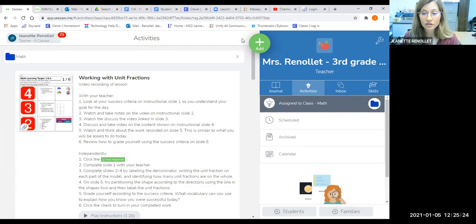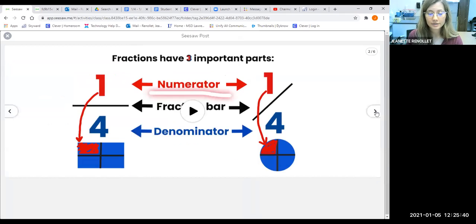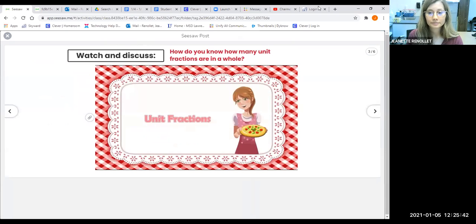Today our title is called Working with Unit Fractions. Go ahead and find our task, please. We're going to watch a video about unit fractions that will help us. Here we go.